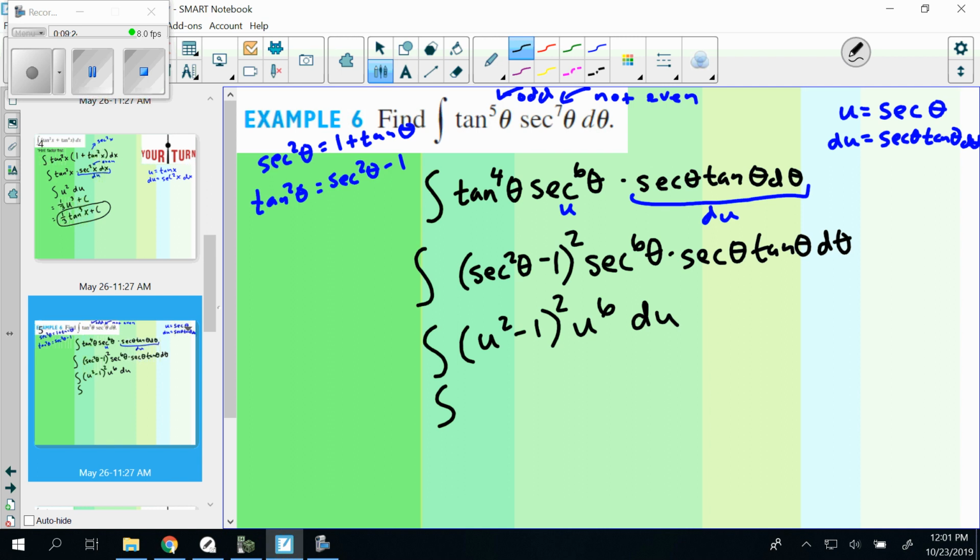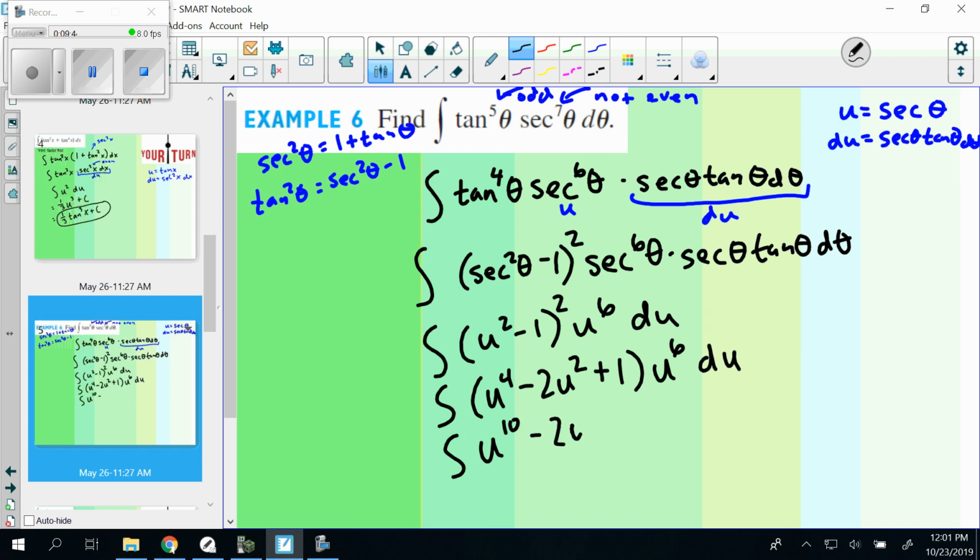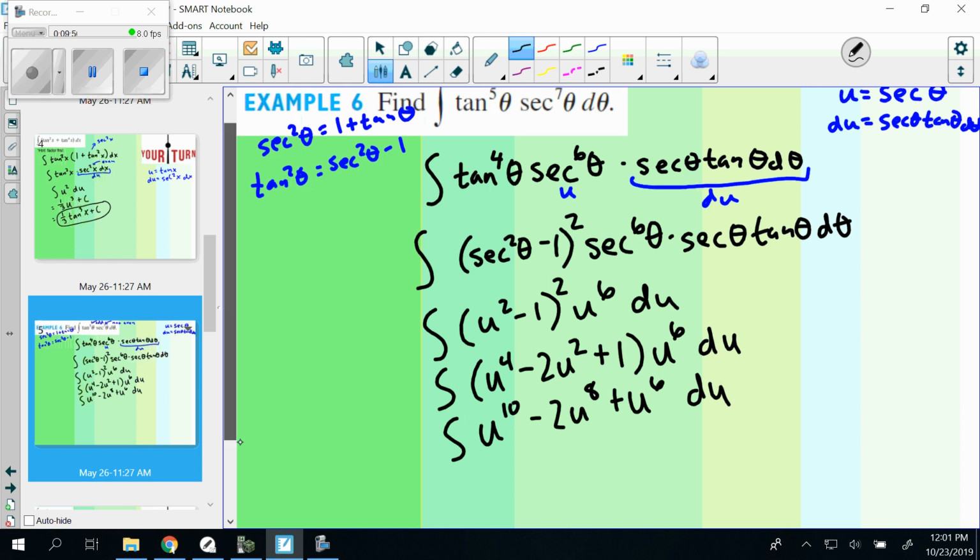If we multiply 2 of these terms of u squared minus 1, we'd get u to the 4th power, 2 negative u squareds, and then negative 1 times negative 1 would be plus 1. Now we have to multiply that last u to the 6th all the way through. Remember, when you're multiplying, add powers, so u to the 10th minus 2u to the 8th plus u to the 6th. Now we can finally find the antiderivative of all these.